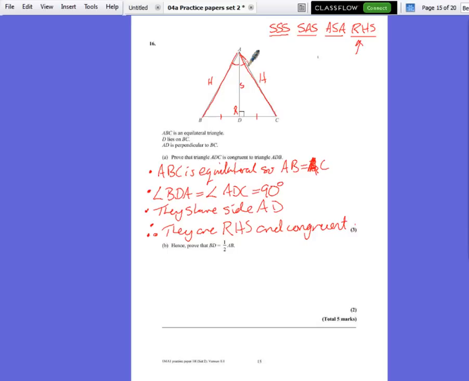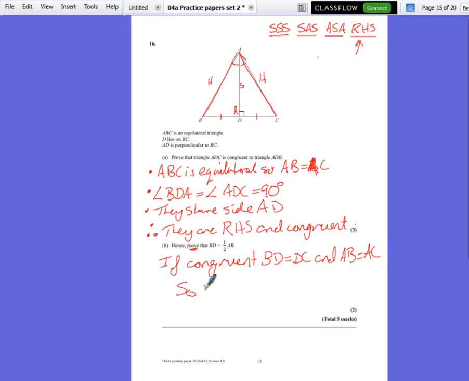Part B, it says, hence prove that BD equals a half of AB. So this is the bit where we've actually got to prove it. And the fact that we now know that they're congruent makes that a lot easier. So if they are congruent, which we've just proved they are, BD equals DC and AB equals AC.